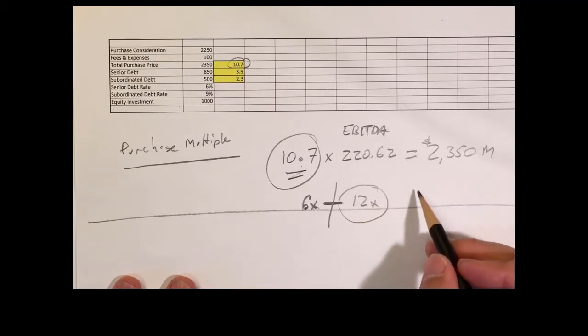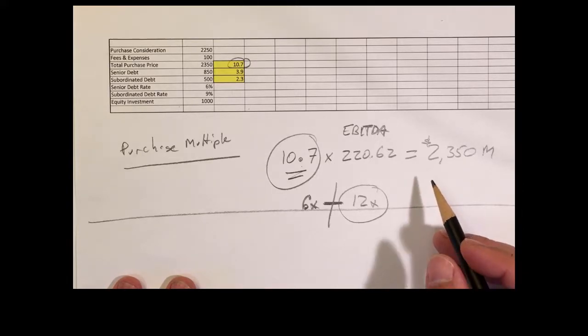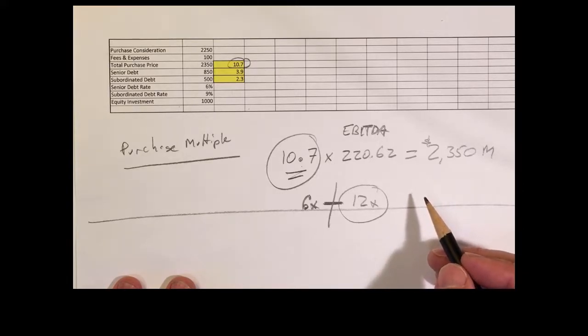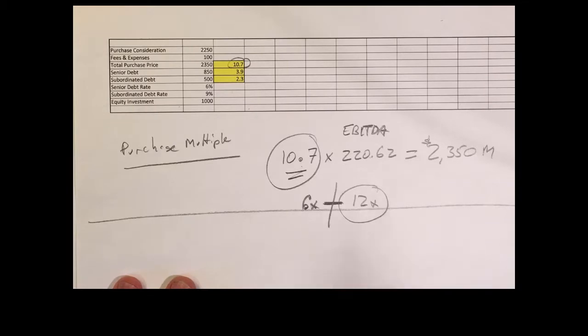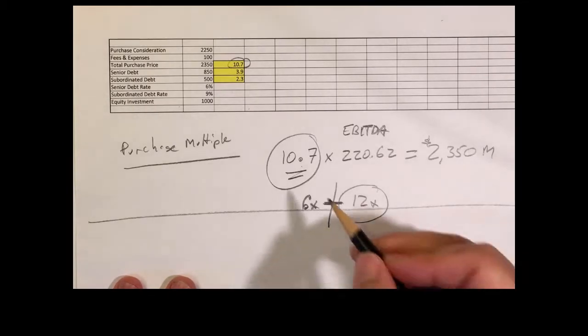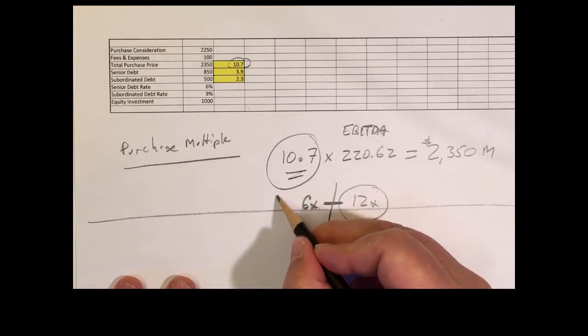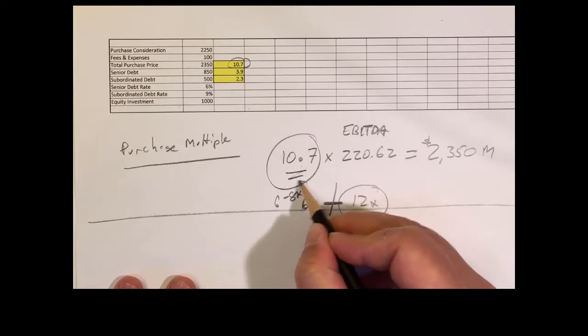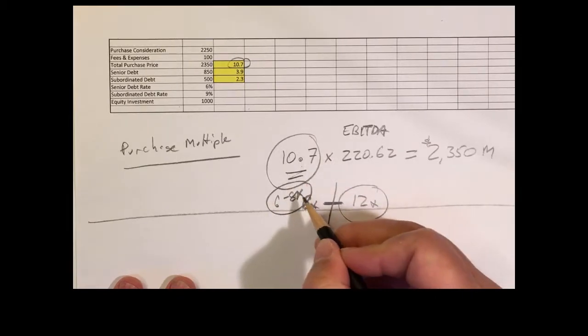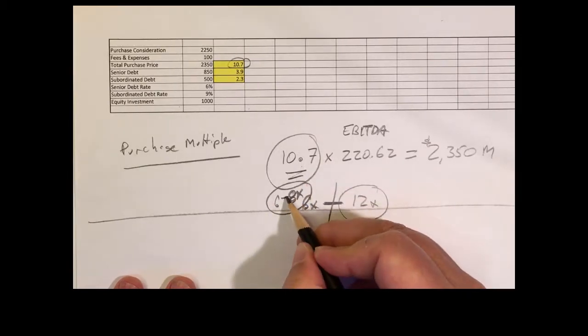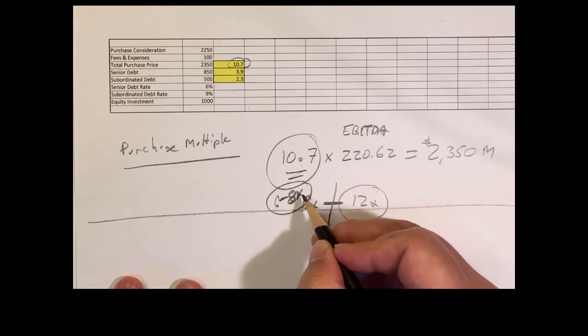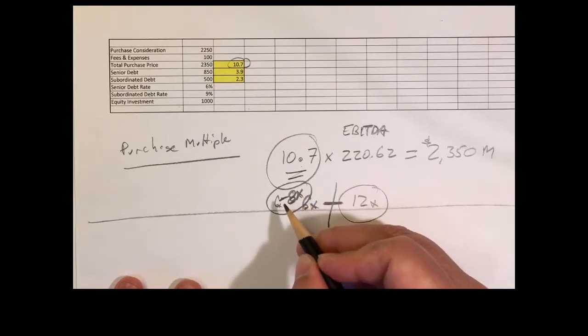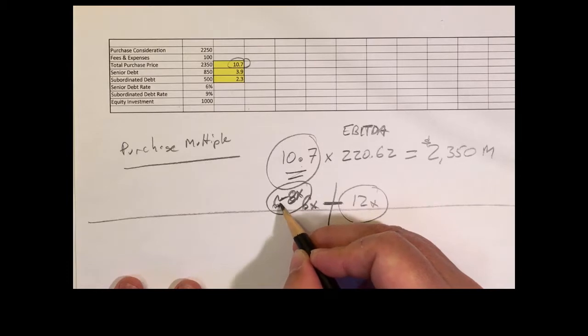Leverage buyouts of companies that are fairly low growth, that have very slow and predictable and non-high growing revenues, tend to be in the 6 to 8 times range.